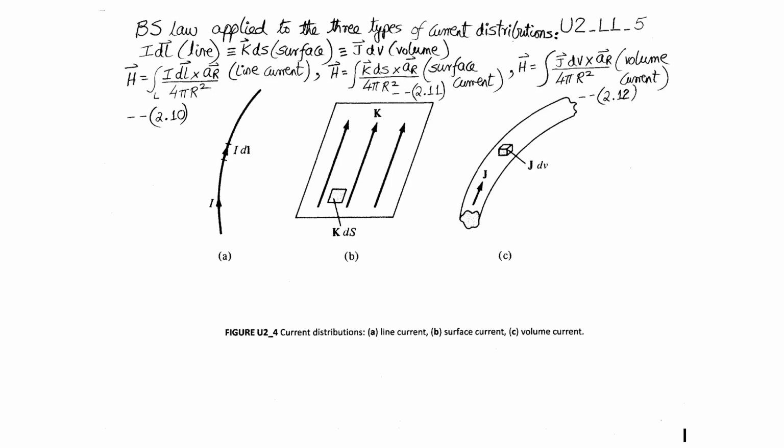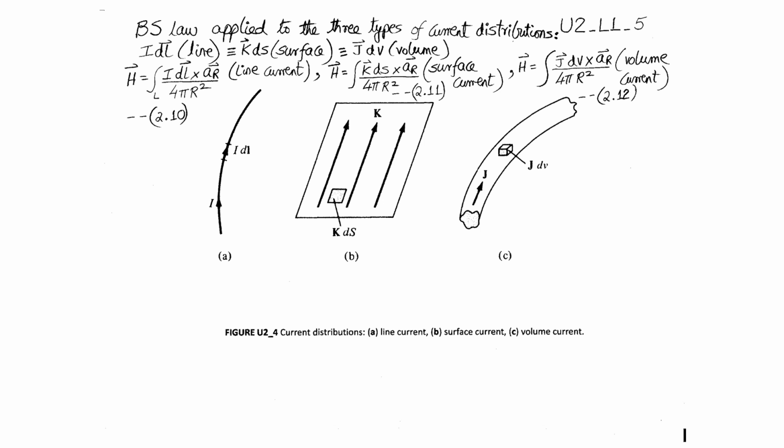Now in the beginning, we had said that in magnetostatics, there are three types of current distributions, namely line or filamentary, surface, and volume. Now, we have seen how Biot-Savart's law can give us the magnetic field due to a differential line current or differential line element.